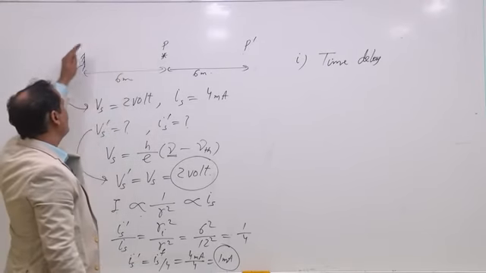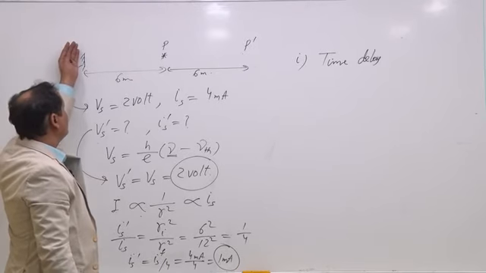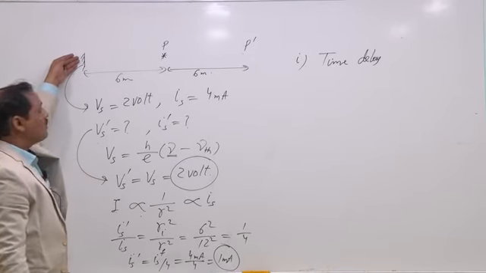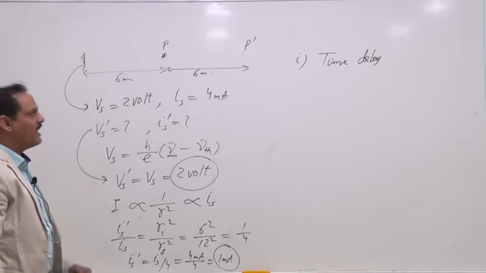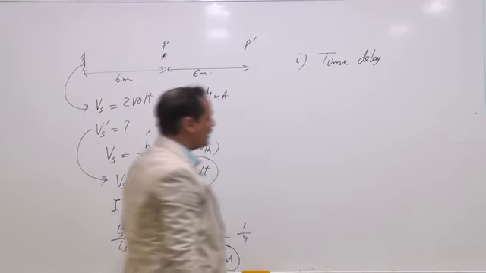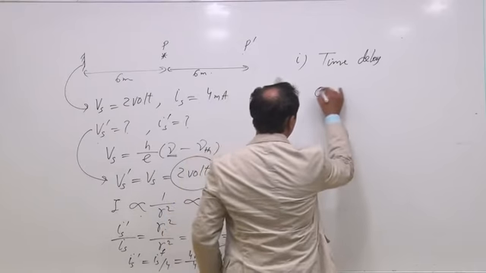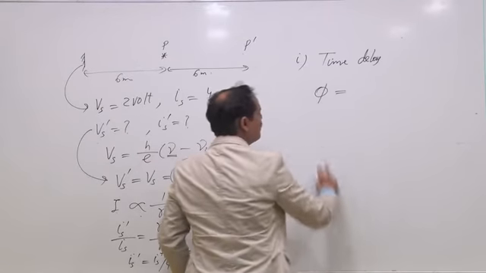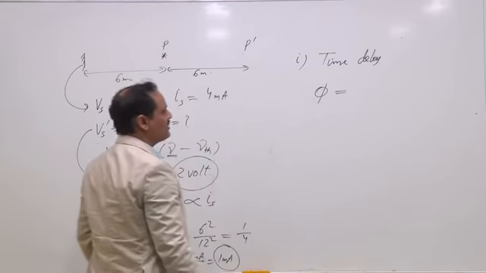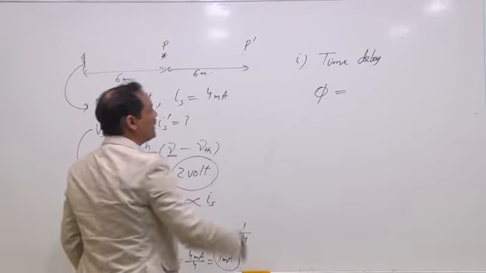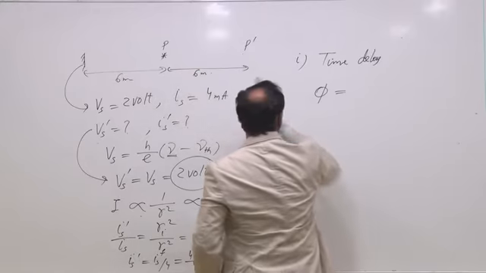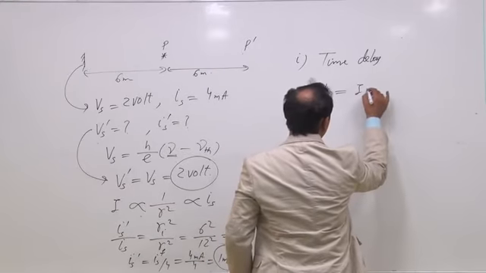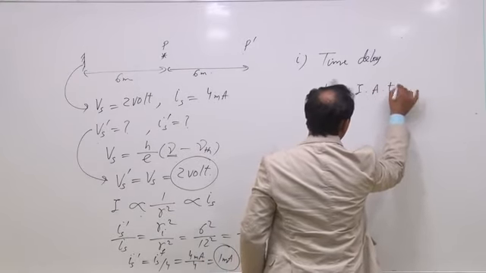As there is continuous flow of energy, the electron present in the material could gain the energy and come out with some time delay. That means as the electron requires some energy phi, this minimum amount of energy is needed. How will this energy come? This energy will come because of the continuous flow of light, that is I into A into T.